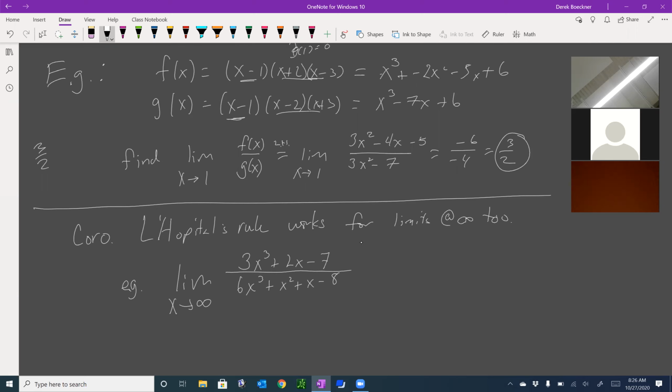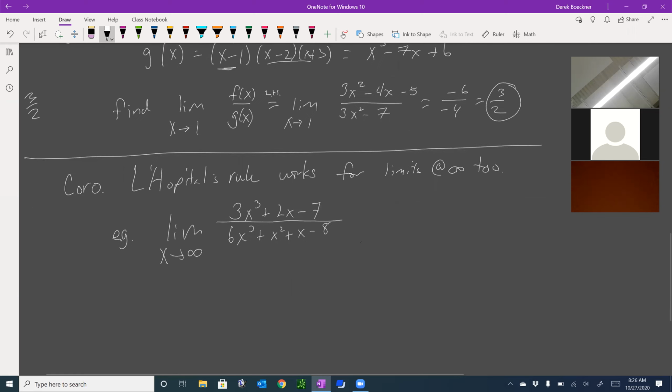So I do this little weird translation where I take the limit of 1 over x going to 0, because that's sort of the same thing as x going to infinity. This is sort of why it works, but we don't have to go through why it works every time.